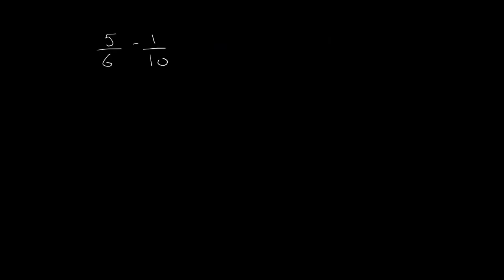I'm going to think of 6, 12, 18, 24, 30, 36, dot, dot, dot. If I look at multiples of 10, I'm going to look at 10, 20, 30, 40, and so on and so forth. And luckily, here you go, I find a common multiple of 6 and 10: 30.